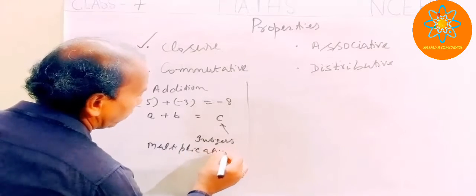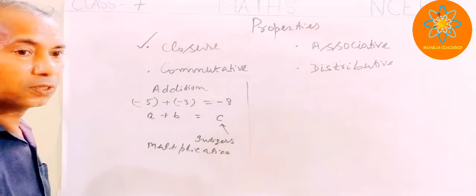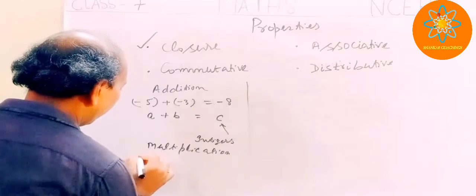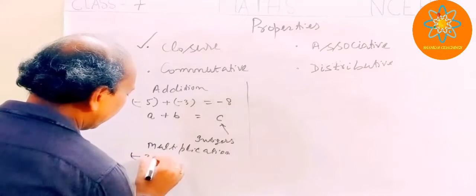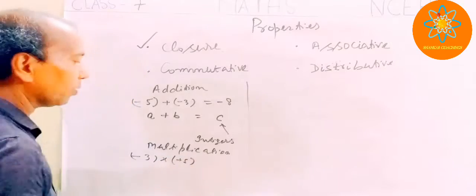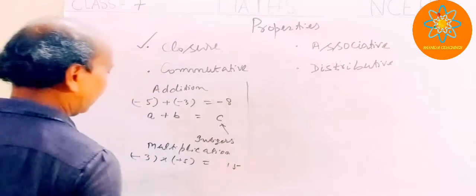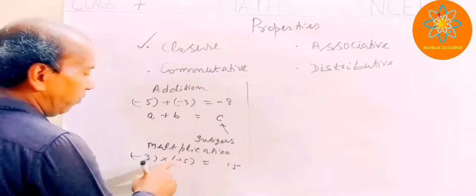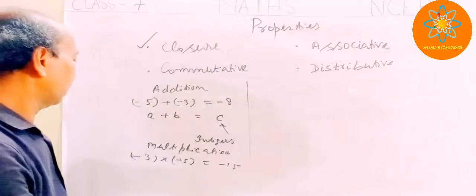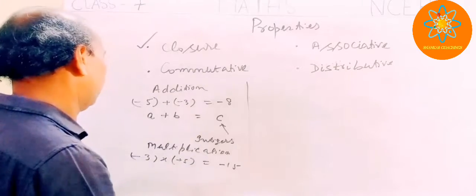Let us suppose I want to check for the closure property for the multiplication. Let's suppose I am taking the number minus 3 into plus 5. How much is it? 5 into 3, that is 15. Sign is different, so here it is negative, because different sign, negative; same sign, positive.